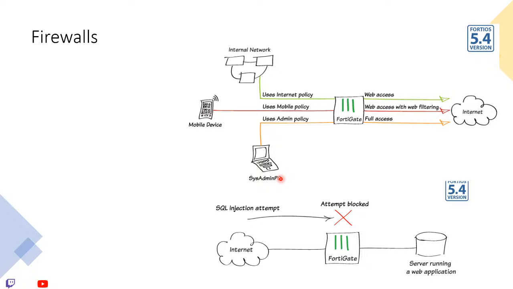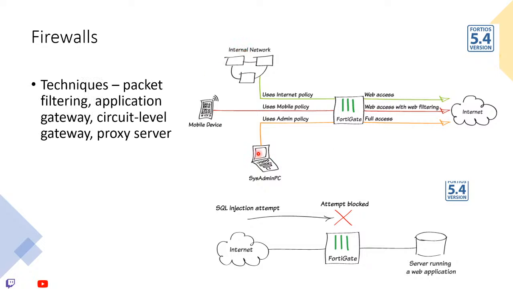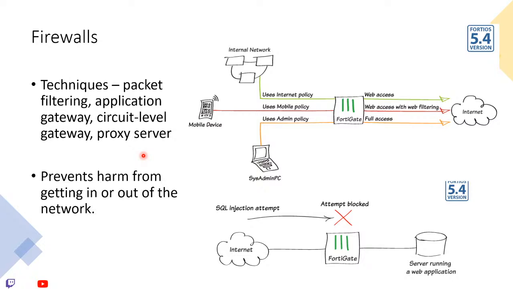So techniques. So this is the firewall. So the techniques: packet filtering, application gateway, circuit level gateway, proxy server. Prevents harm from getting in or out of the network.